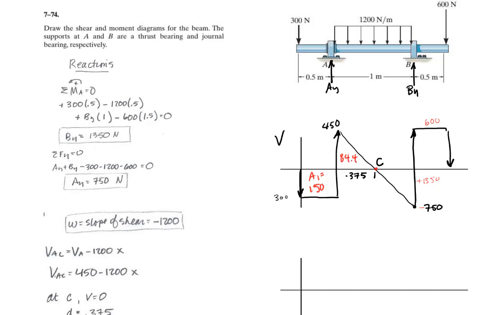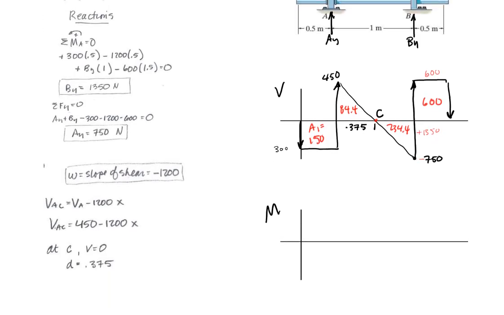This area here is also 1/2 BH, and you can compute that to be 234.4. Then over here, this one is just a rectangle. This is just going to be BH, and so that one is going to be 600. All right, now that I have the areas under the shear diagram, let's draw the moment diagram.